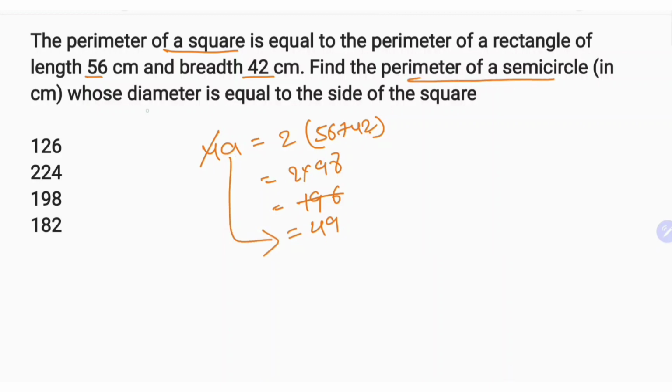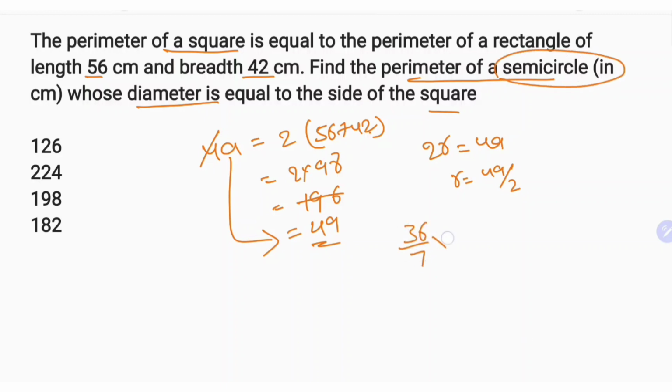Find the perimeter of a semicircle whose diameter, meaning 2 into radius, is equal to the side of a square. Side of the square is 49. Radius equal to 49 by 2. We all know the semicircle perimeter formula is 36 by 7 into r. Here r means 49 by 2.